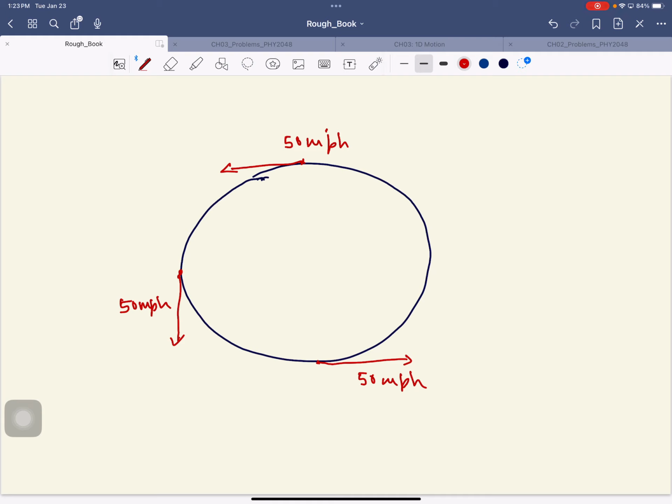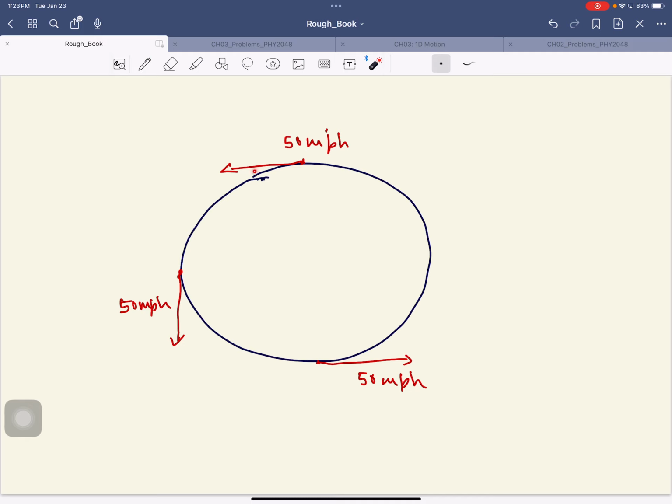All right, what is velocity? Displacement over time. No, velocity is a vector or a scalar? Vector. What does a vector have? Magnitude and direction.